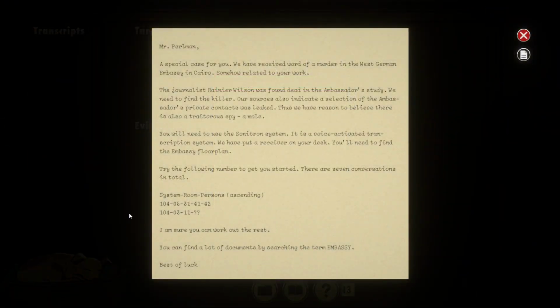A special case for you. We have received word of a murder in the West German embassy in Cairo. Somehow related to your work. The journalist Rainier Wilson was found dead in the ambassador's study. We need to find the killer.